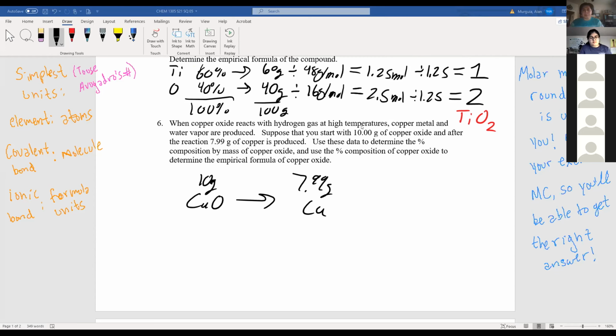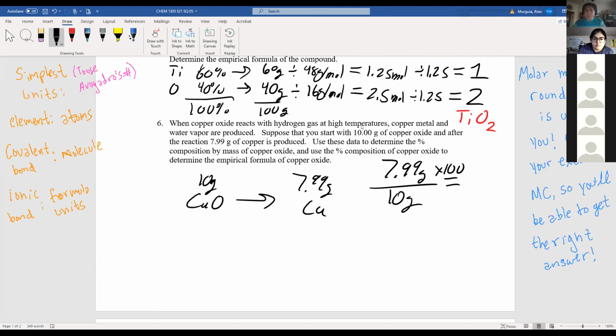Since the same amount of copper from our products has to equal our reactants, let's do that. So we can see exactly how much copper is made from this 10 grams of copper oxide. So if I divide 7.99 by 10 and then multiply it all by 100, what percentage does that give me? 79.9%.